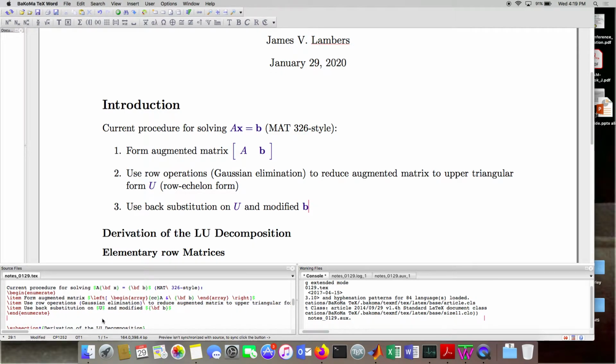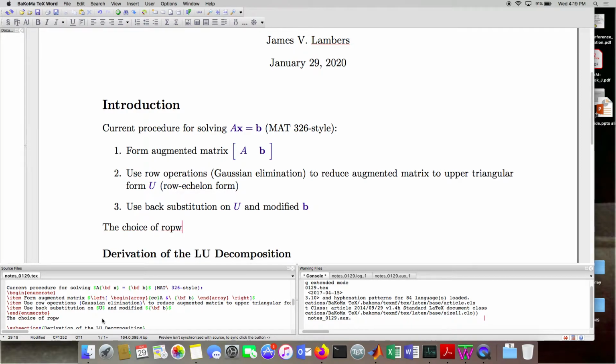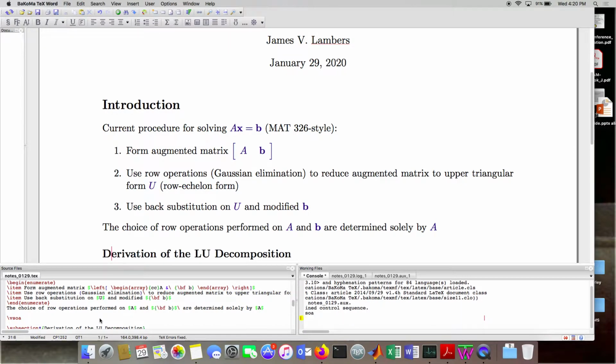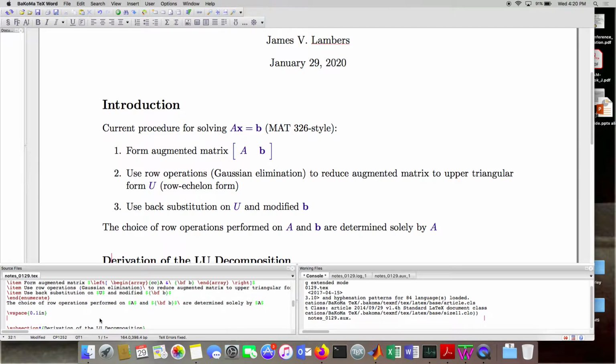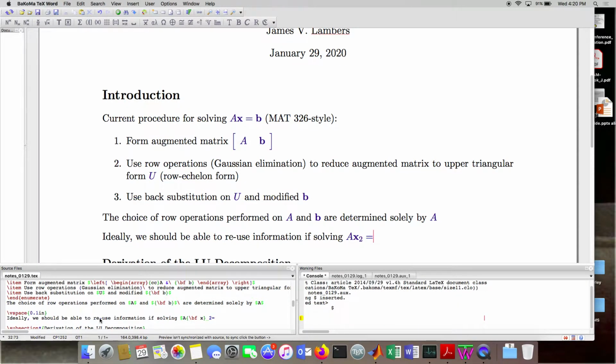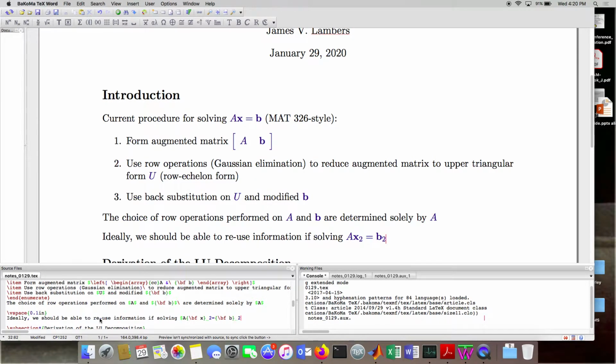Now, the thing I want to point out, though, is the choice of row operations performed on both A and b are determined solely by A. So the problem is ideally we should be able to reuse information if solving another system that has the same matrix but a different right-hand side.